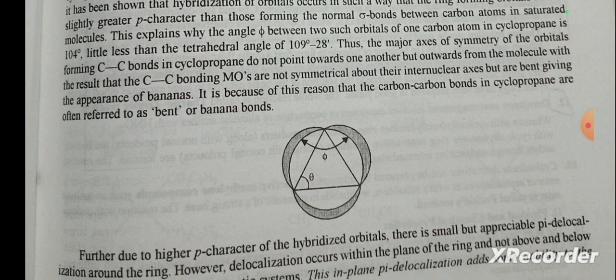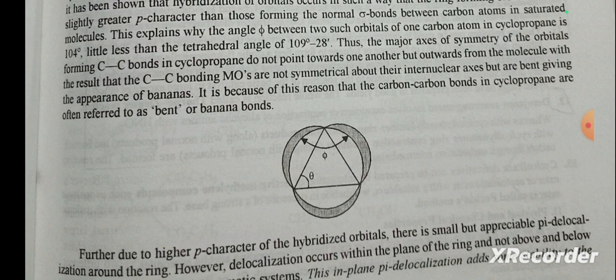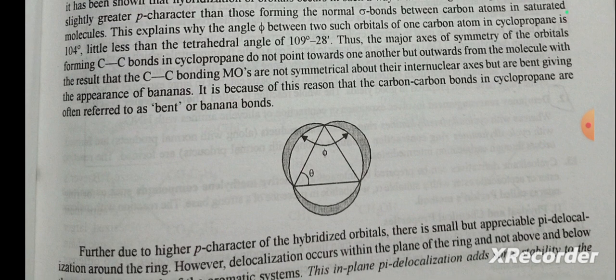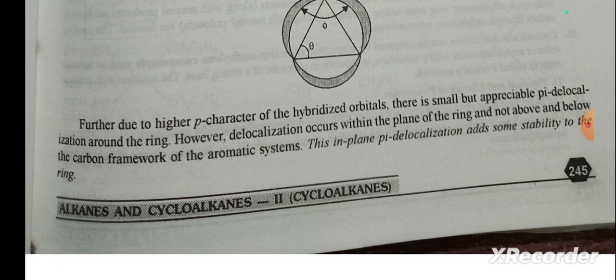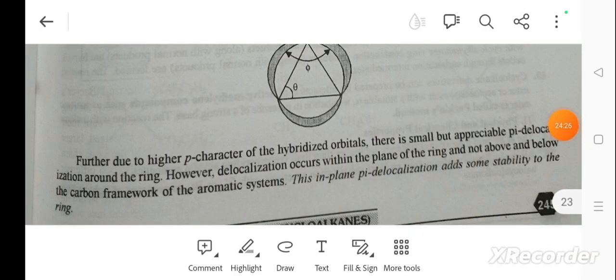It is because of this reason that the carbon-carbon bonds in cyclopropane are often referred to as bent or banana bonds. Further, due to the higher p character of the hybridized orbitals, there is a small but appreciable pi delocalization around the ring. However, delocalization occurs within the plane of the ring, not above or below the ring framework as in an aromatic system. This in-plane pi delocalization adds some stability to the ring. Thank you.